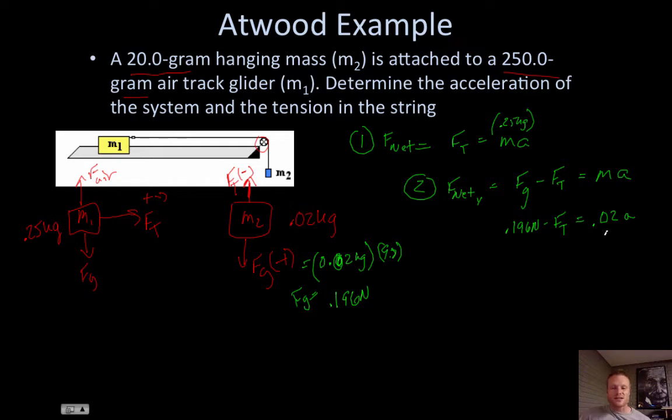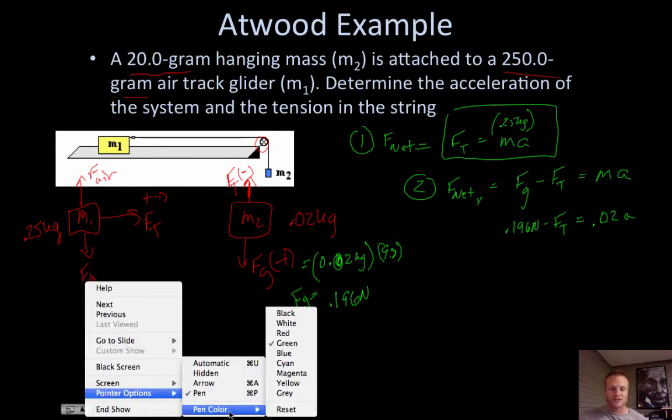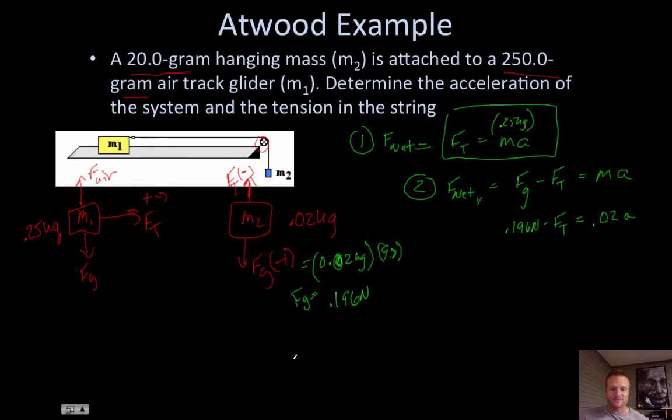What's interesting is that I can then plug some things in. I know that F sub t equals 0.25a, right? So where I see F sub t here, I'm going to plug in that. I'm going to change colors here just to jazz things up.